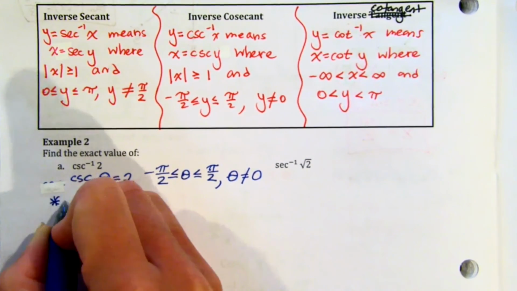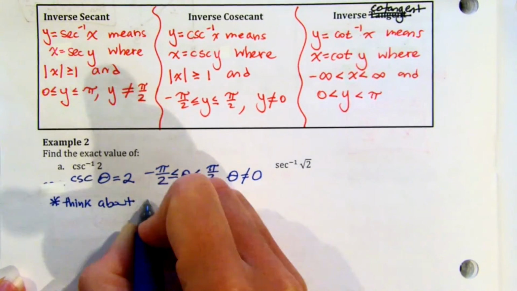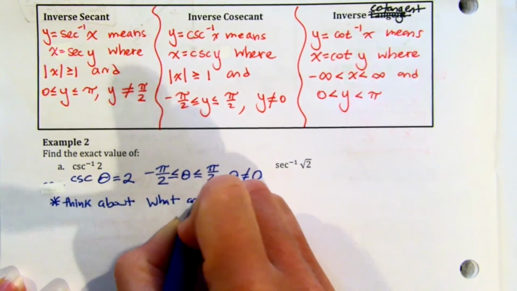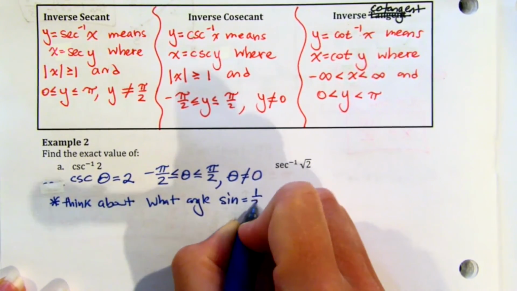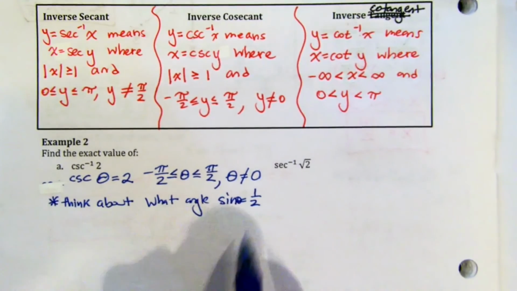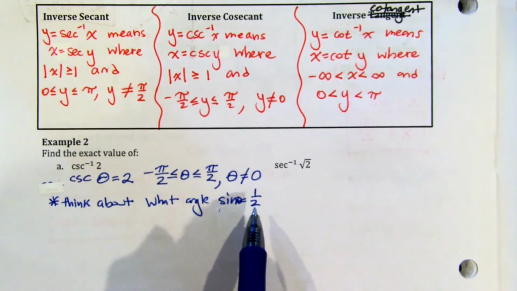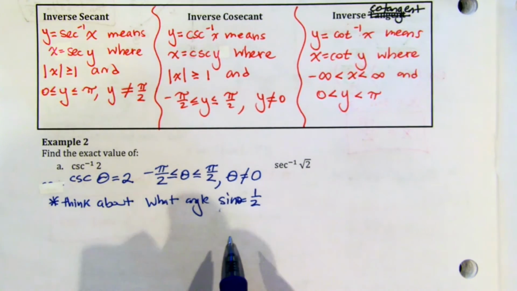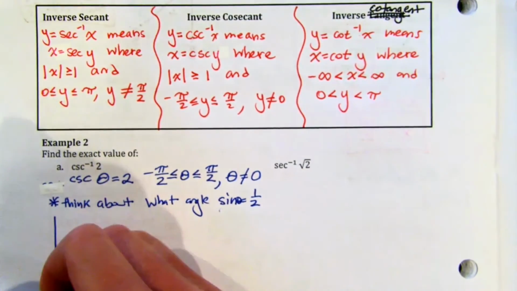So, really, think about what angle gives a sine value of 1/2. So we want our sine value of theta to be equal to 1/2. Since we want our sine value to be positive, that happens to be in quadrant number 1.